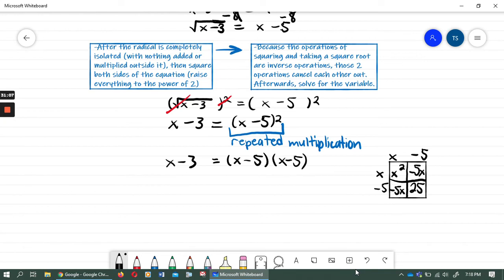All right, so again, we've got those terms, and we need to simplify or combine those like terms. The two like terms there are negative 5x and negative 5x. If we combine those two like terms, that's going to give us negative 10x. And then we just bring everything else down.